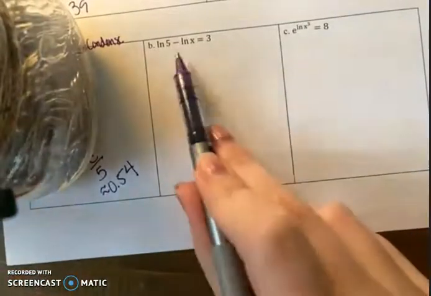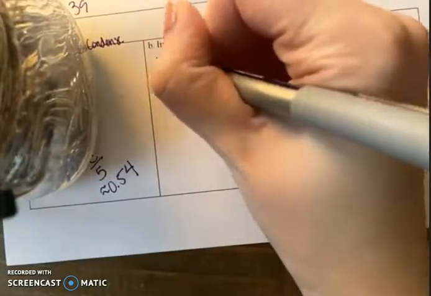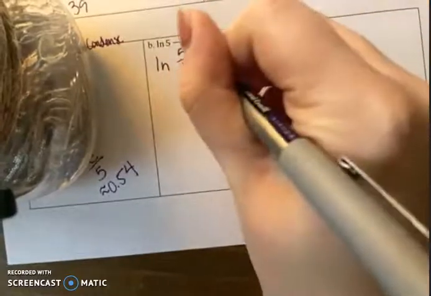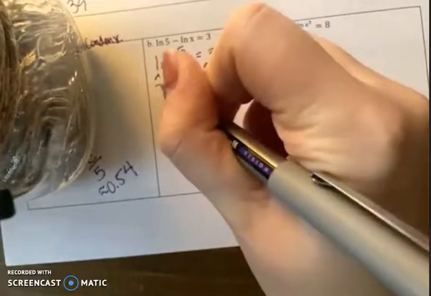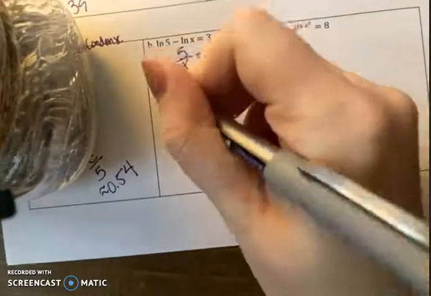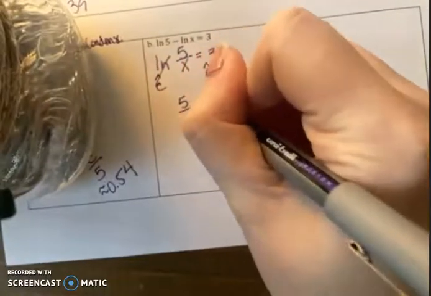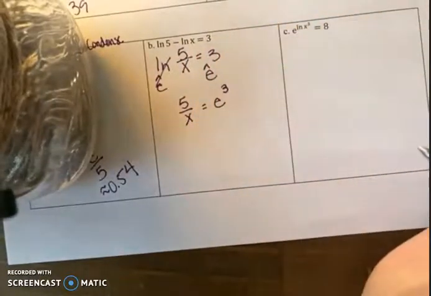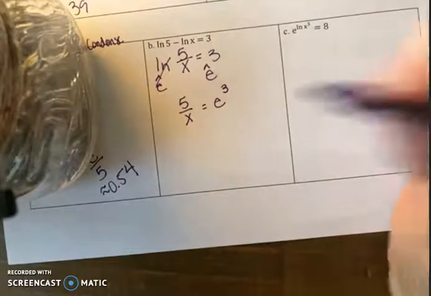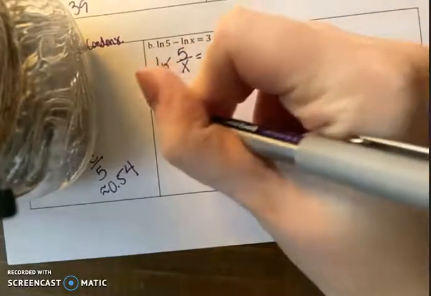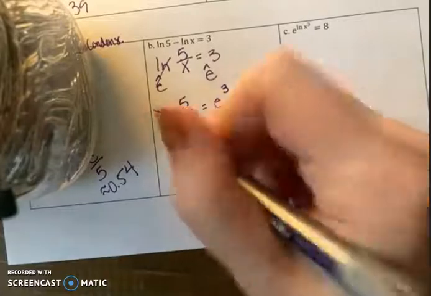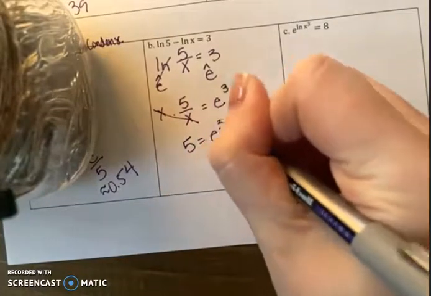Let's take a look at example B. So B here I have subtraction, which means now we're going to use the quotient property. The 5 needs to be in the numerator, the x in the denominator. To undo the natural logarithm, once again, we're going to exponentiate each side. This cancels. I have 5 over x equals e cubed. And I need to get x by itself. Well, it's currently stuck in the denominator, so let's multiply each side by x to get it out of the denominator position, leaving me with 5 equals e cubed x.